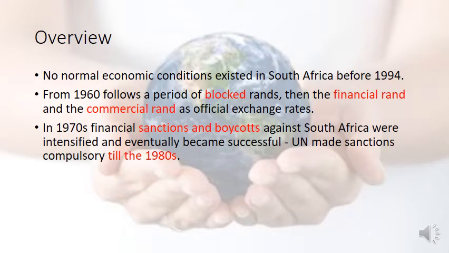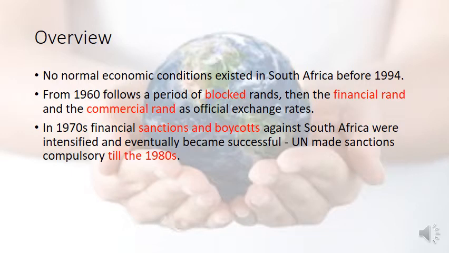So looking at our history, obviously before 1994, before apartheid ended, there weren't normal conditions. The international world had applied embargoes and bans on South Africa because of the apartheid regime. So in 1960, there was a period of blocked rands. Rands were not allowed to trade. And then there was the financial rand and the commercial rand.